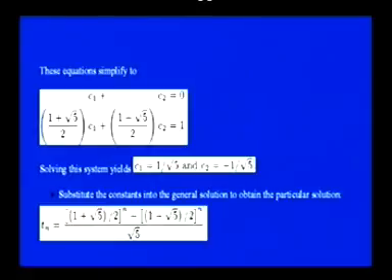Then you have that 1 plus root 5 divided by something. So, to get, if you solve this, you get C 1 equal to 1 by root 5 and C 2 equal to minus 1 by root 5. You can substitute this back into the equation. So, your T of n becomes 1 plus root 5 over 2, to the power n, something.